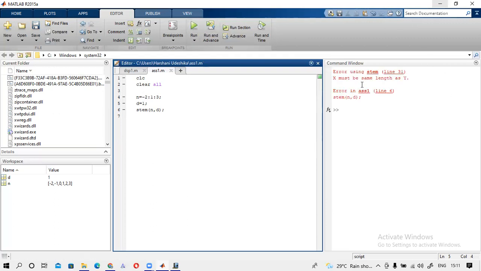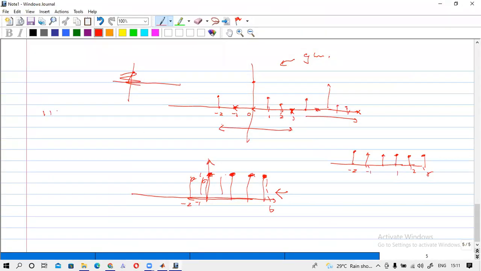Here d should be 1, 1, 1, 1, and n has -2, -1, 0, 1, 2, like this. Can you understand? So you need the same number of values, the same number of ones here.